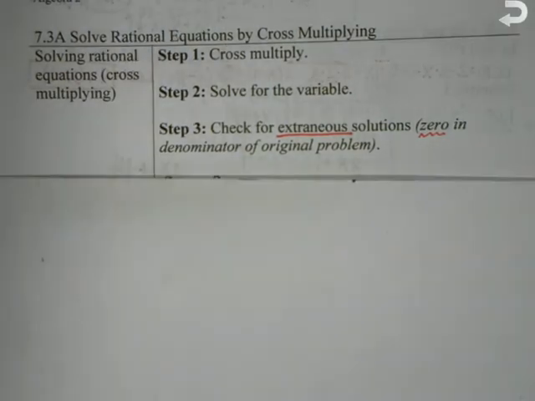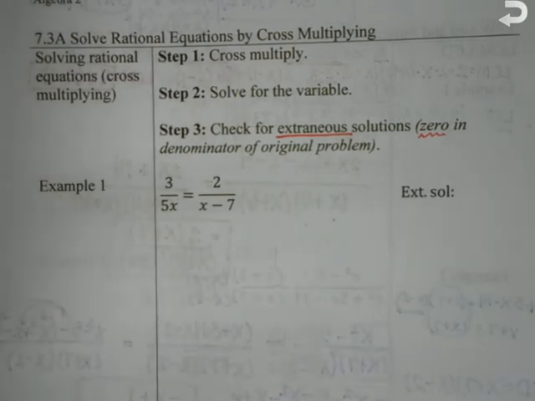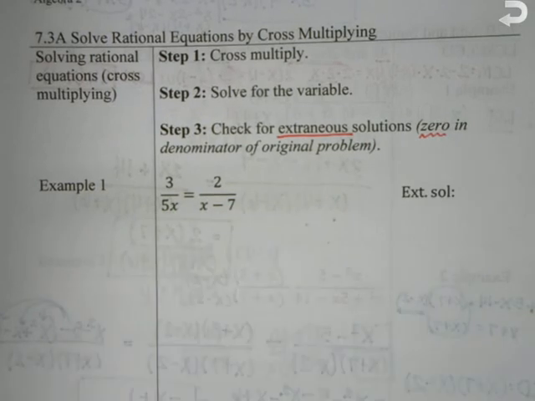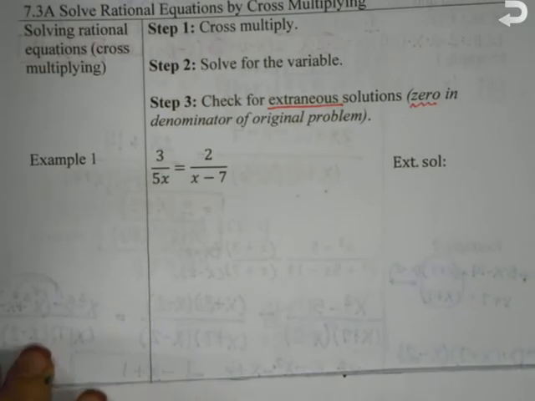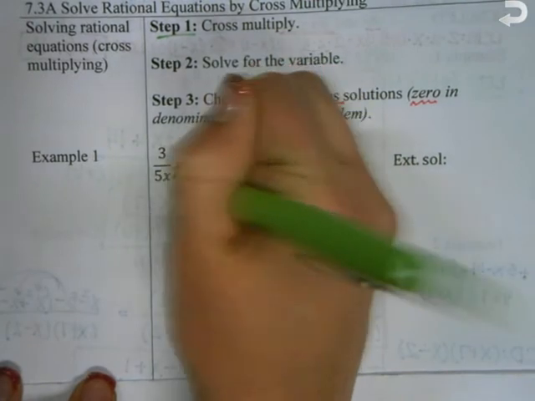All right, so example 1. So we have 3 over 5x equals 2 over x minus 7. So what we're going to do here first, step 1, we want to cross multiply. So we're going to cross multiply 5x times 2.